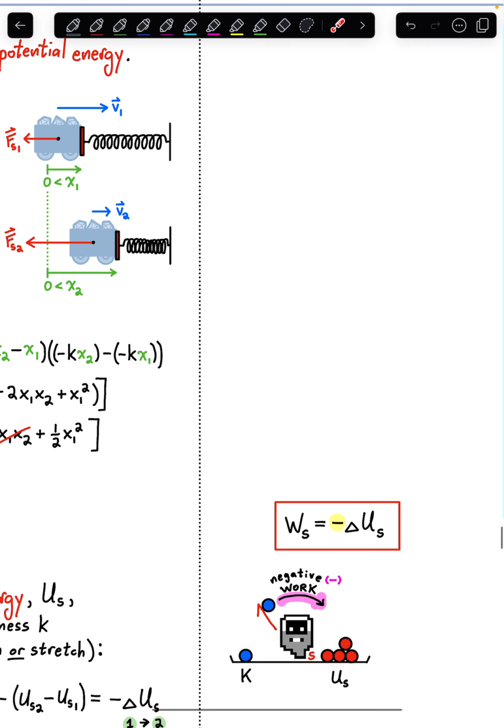This is perfect for us because we know that the work done by that spring force should be equal to the opposite of the change in the elastic potential energy. That's the negative work done by the spring, converting kinetic energy into stored elastic potential energy.